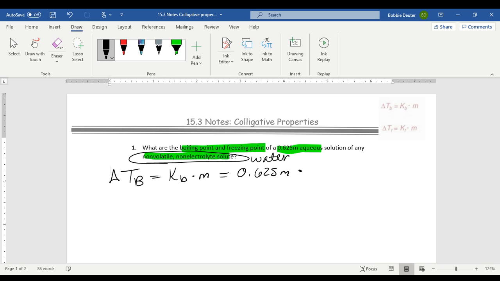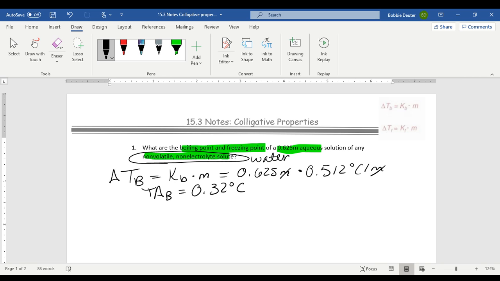We can look on our chart, again, that table that I gave you, to find that the boiling point elevation constant, or K_B, for water is 0.512 degrees Celsius per molal. So we multiply those together and we get our elevated temp to be 0.32 degrees Celsius. Again, these cancel out.